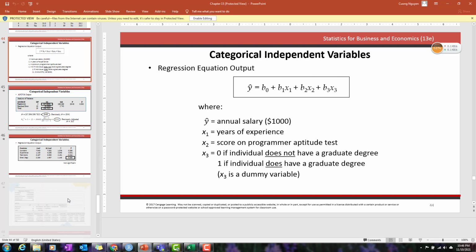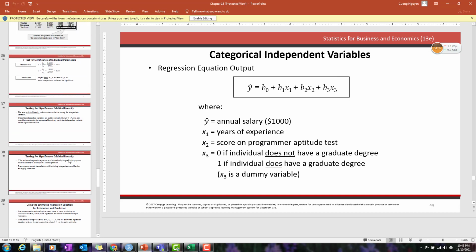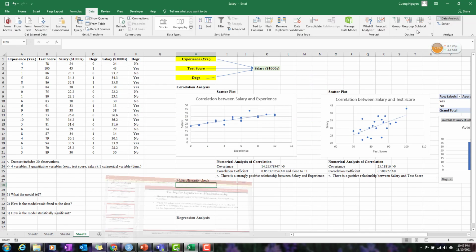If the multicollinearity problem happens, that could be big trouble, so we need to test for it. If the independent variables are highly correlated, with a correlation coefficient higher than 0.7, that could be a problem, and we should be very careful.